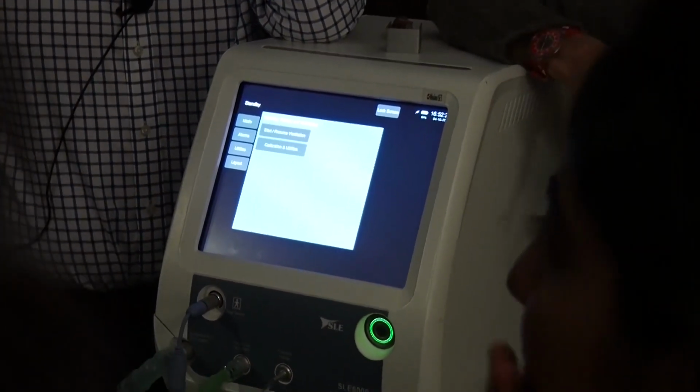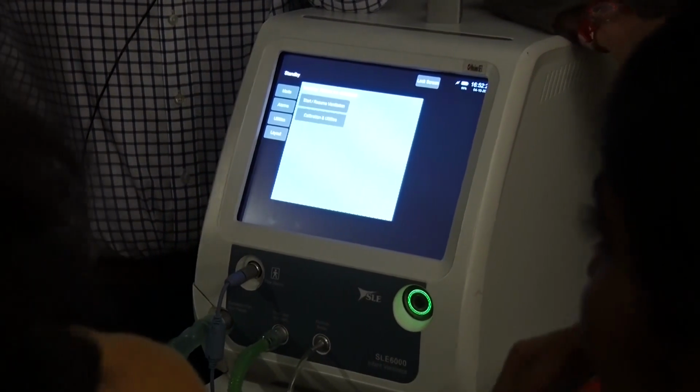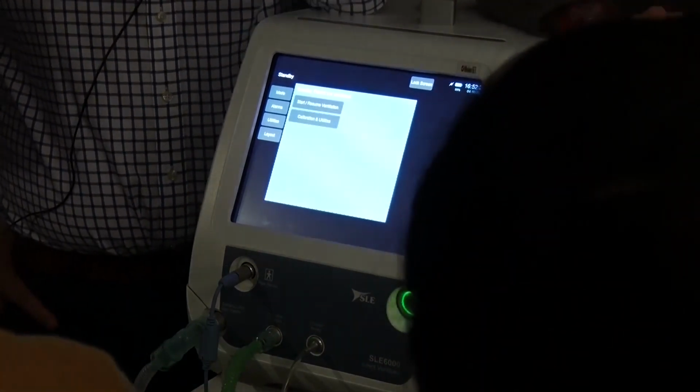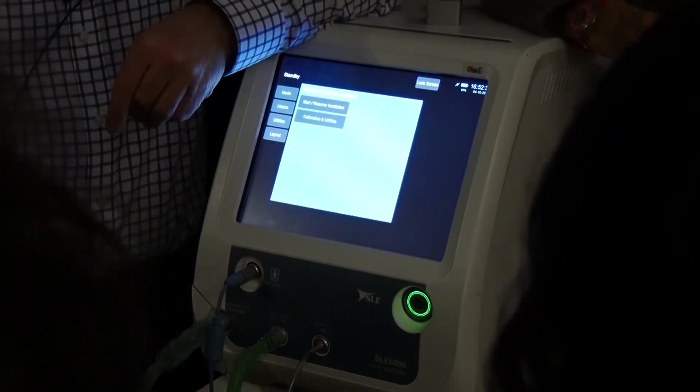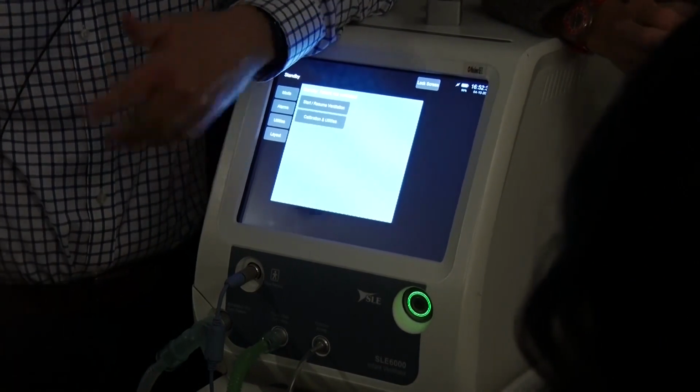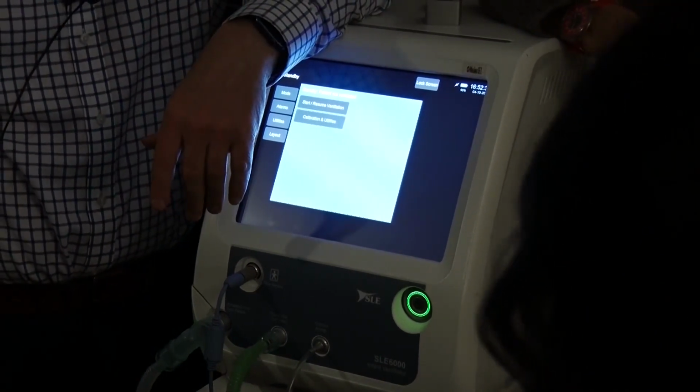We use a lot more steroids in our unit than the perinatal unit next door because we have so many airway babies that we just tend to get anxious about it. But we use a lot more opiates as well.